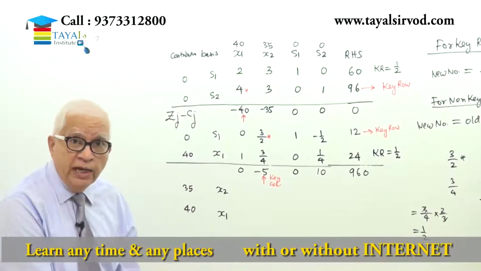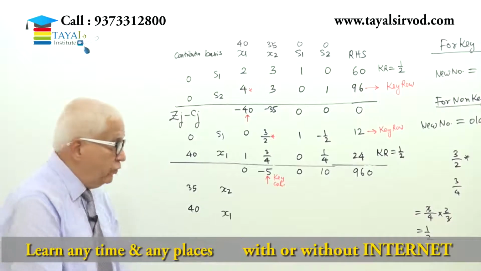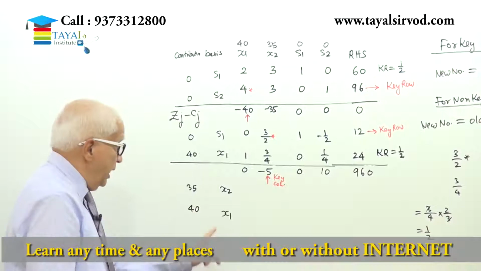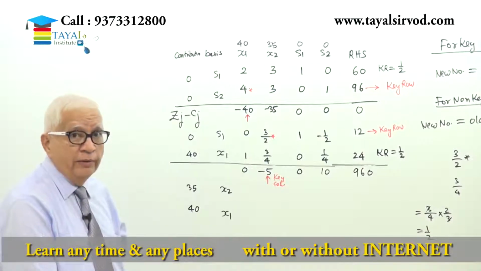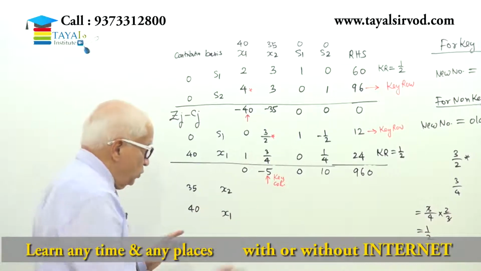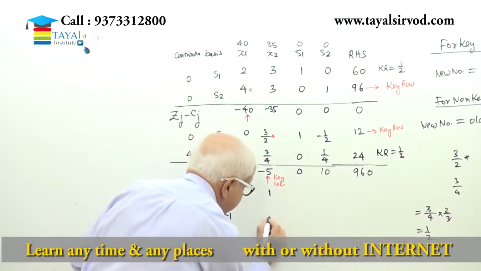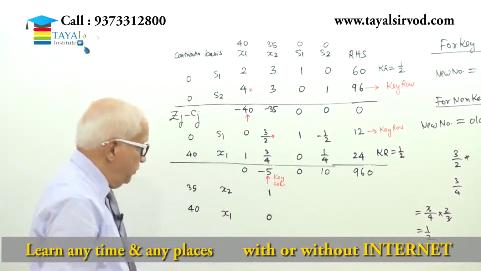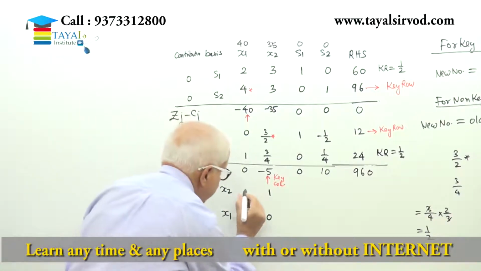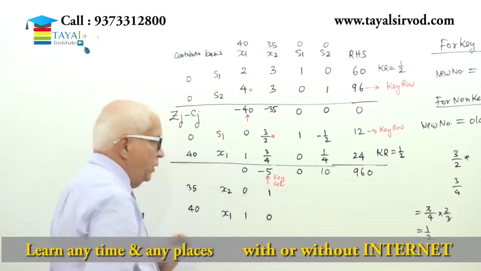So where should the identity matrix appear? It should first come under X2 column, 1, 0 must come under X2 column, and X1 column must be 0, 1. Second variable in the basis. So first variable in the basis is X2, therefore X2 column I am directly writing down as 1, 0. X1 is the second variable in the basis, therefore I am writing this column also directly as 0, 1.